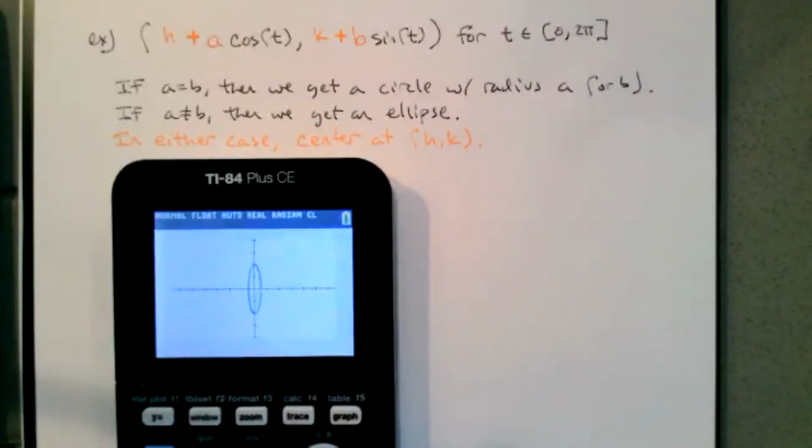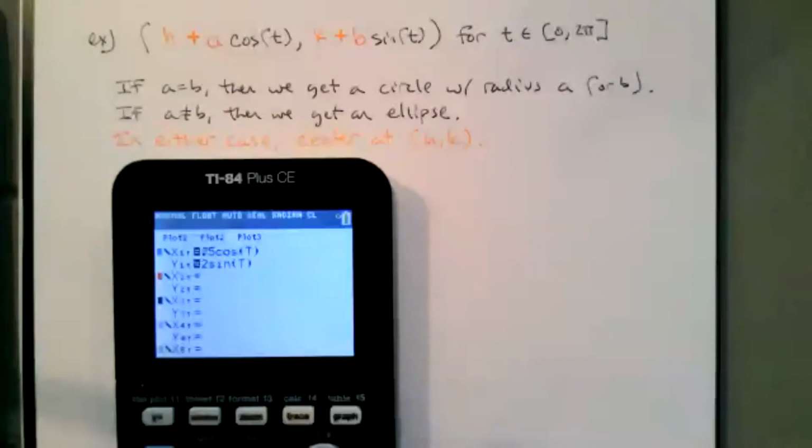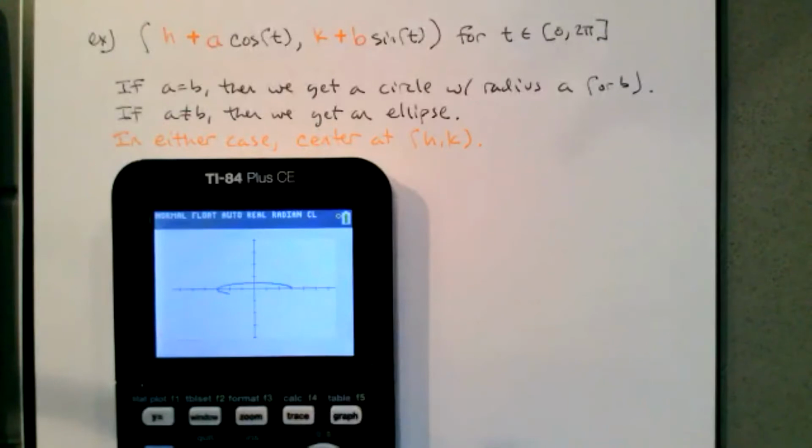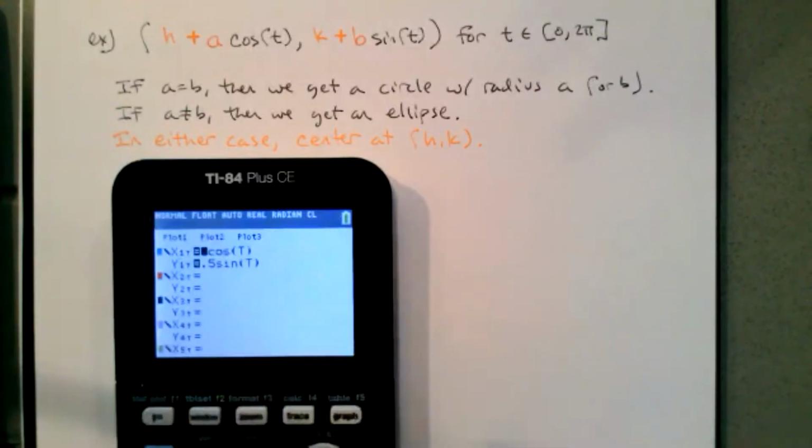So we still have a distance of 2 going up and down, a radius of 2 in the vertical direction, but now it's only 0.5 in the horizontal direction. Or if I stretch it around, I can make a wide flat ellipse. But that's all being controlled by multiplication. Multiplication is in charge of the stretching and the squishing.